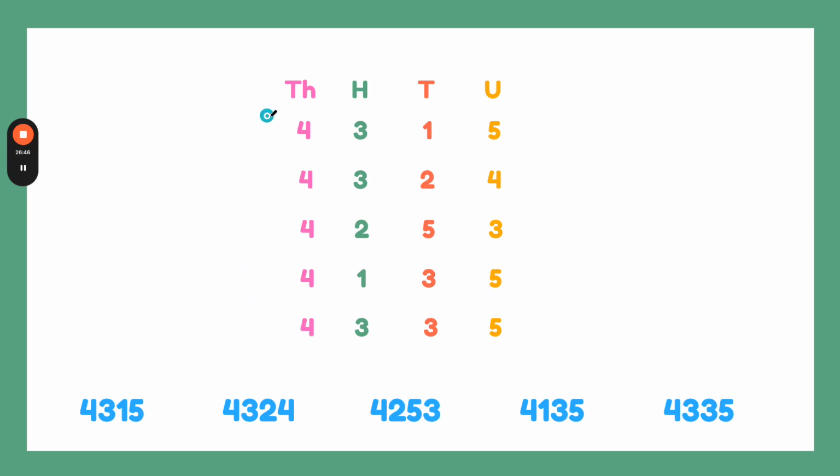So again, we can't compare which is larger or smaller because they all have the same value of 4,000. So we move on to our second column.